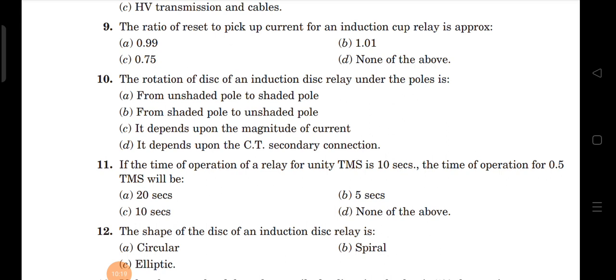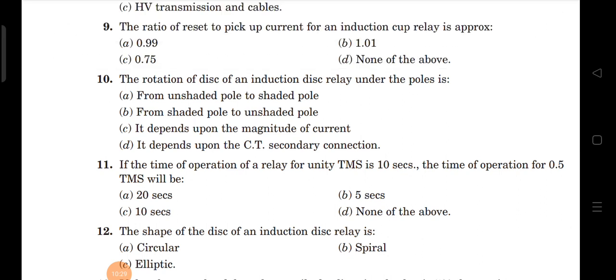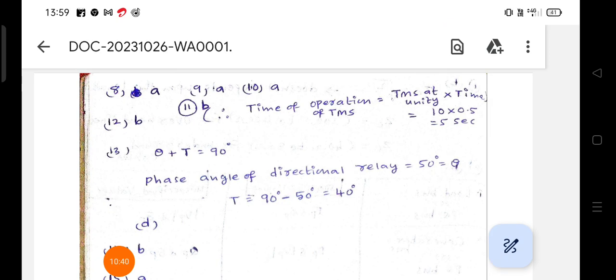If the time of operation of a relay for a unity TMS is 10 seconds, the time of operation for 0.5 TMS will be? For this problem, the time of operation is TMS at unity, given as 10, into the given TMS, 0.5.